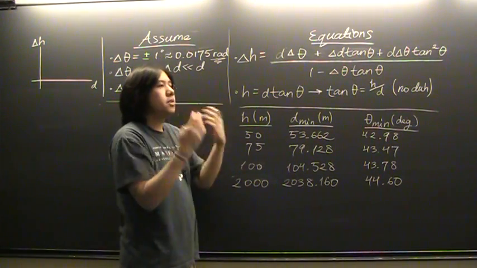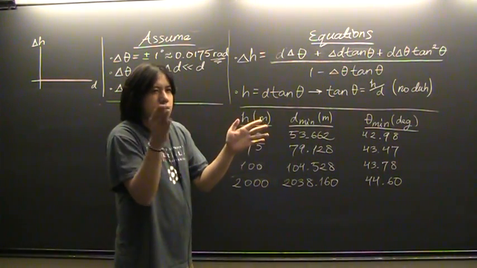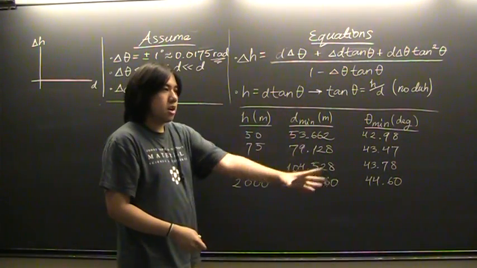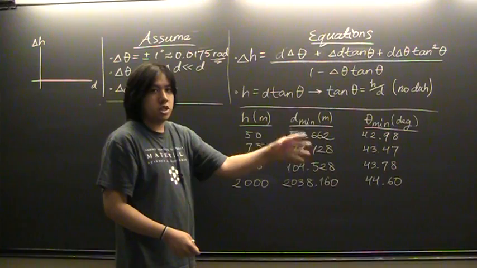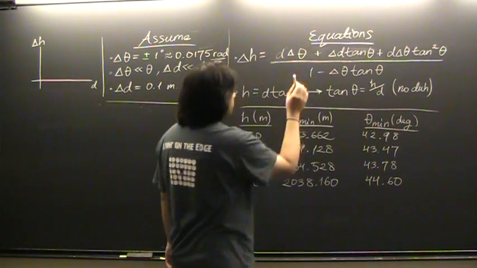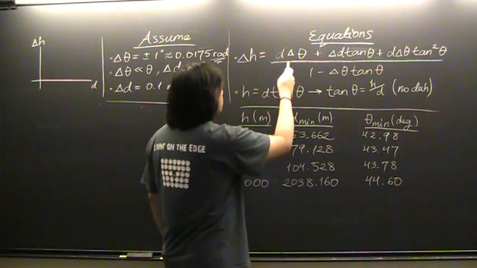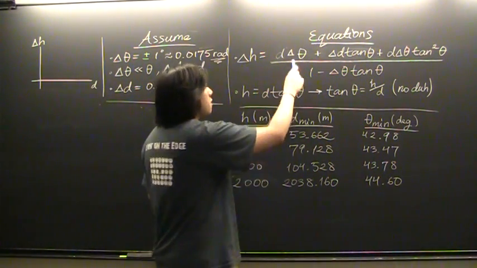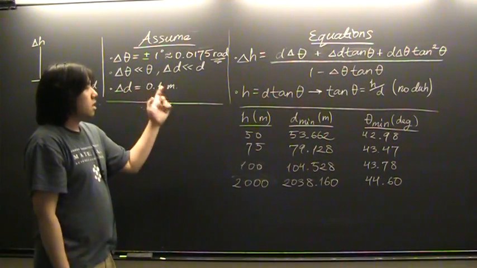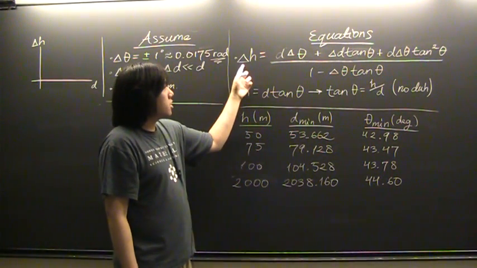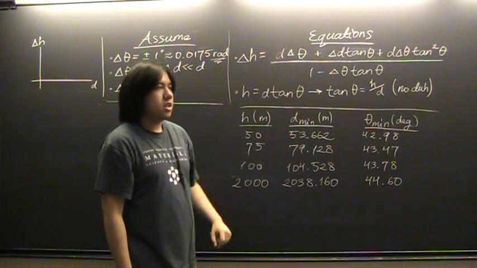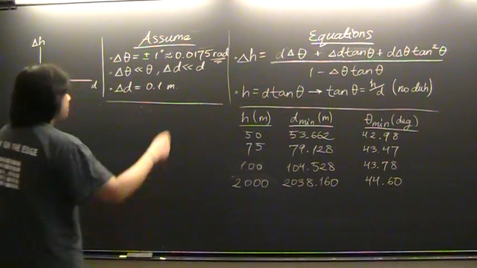Although you can measure the heights of different things and the h will be changing for that, in one scenario, h will not be changing. It will be a constant. So therefore, if we substitute this in, and we have some assumed value for delta theta and delta d, as we see over here, we can have an equation with only one variable and a bunch of constants. So let's go ahead and do that.